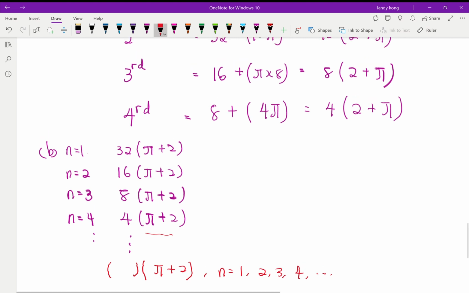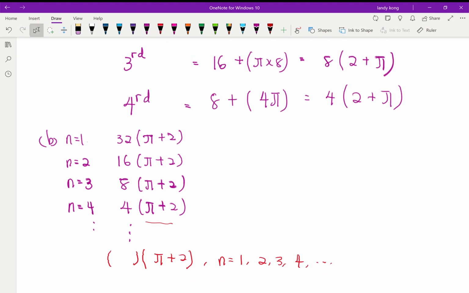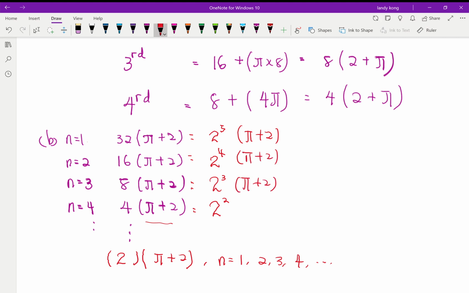Okay, so we see that when we use 2 to the power of n, 2 to the power of 5 is equal to 32, 2 to the power of 4 is equal to 16, 2 to the power of 3 becomes 8, 2 to the power of 2 becomes 4. So see that pattern.